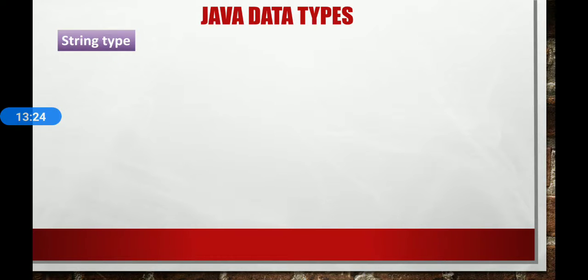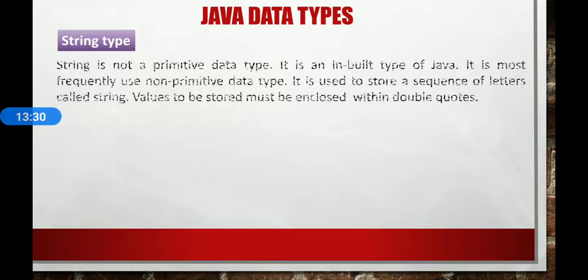Next one, string type. String is not a primitive data type. It is an inbuilt type of Java. It is the most frequently used non-primitive data type. It is used to store a sequence of letters called strings.